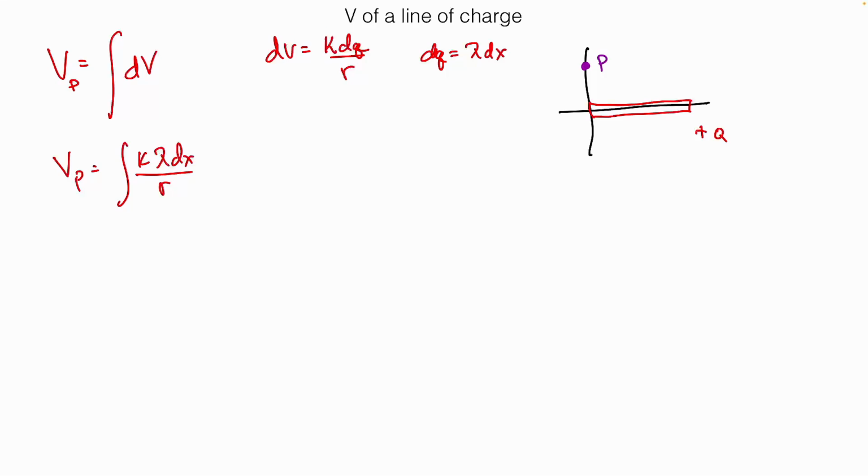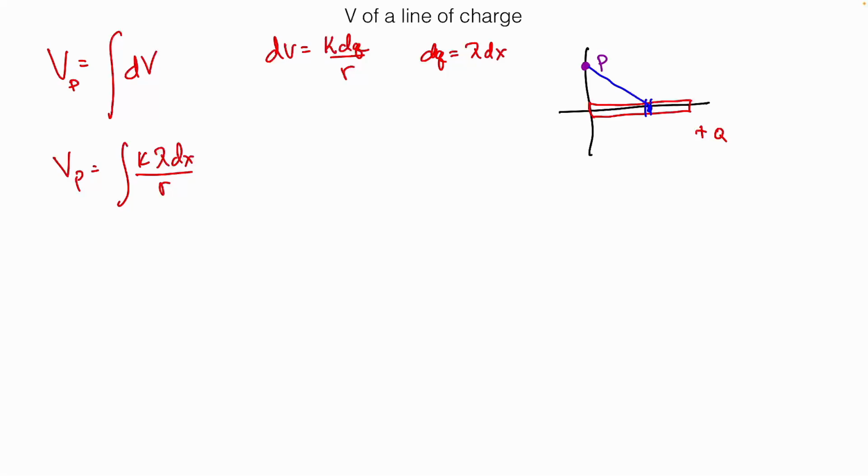So r vector, that means I pick some little point charge that's sitting on my rod right here. Where does r start? Not at 0. It starts on that point charge, right? R points from the thing that causes and ends at the location where you're trying to find the thing that you're looking for.